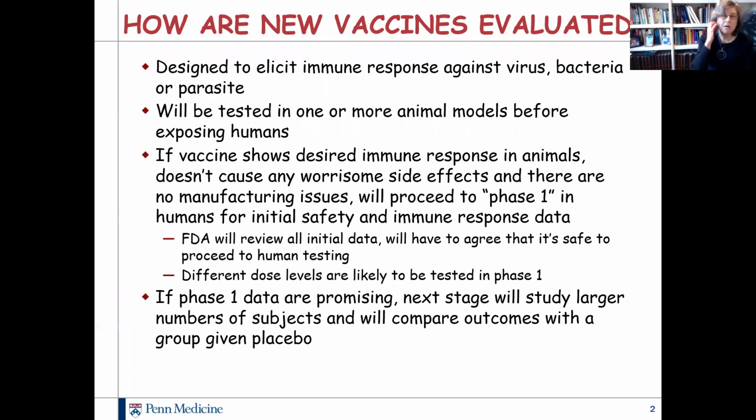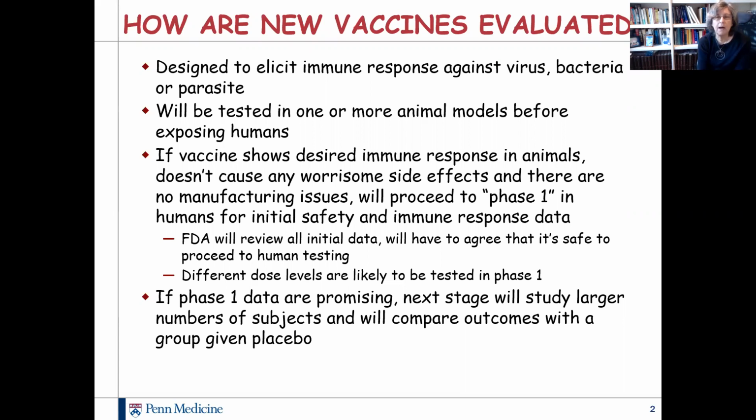I'm going to start by doing a little bit of a primer on evaluation of vaccines generally. There are some similarities to drugs and some major differences. New vaccines are designed to elicit an immune response against a virus, a bacterium, or a parasite. They'll typically be tested in one or more animal models before exposing humans, looking for immune responses.